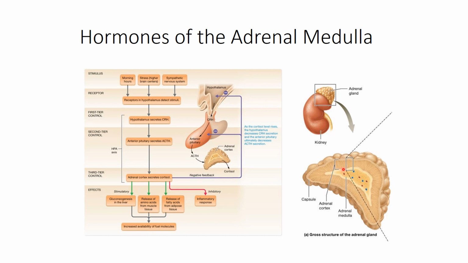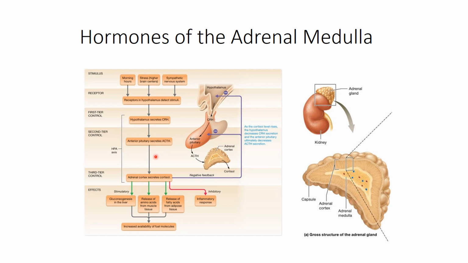Now it also is activated by the sympathetic nervous system, because we see that the preganglionic fibers innervate the structure, and we can encourage the release of norepinephrine and epinephrine from the adrenal medulla in that order, okay, by activating the sympathetic nervous system or activating ACTH.